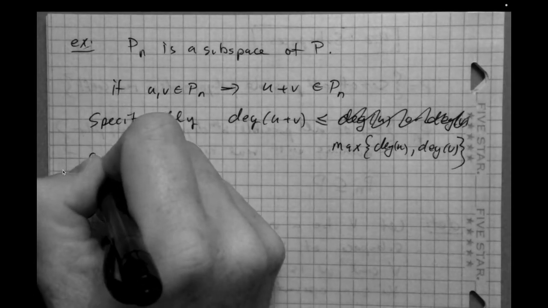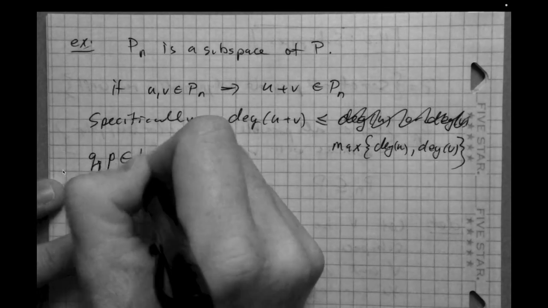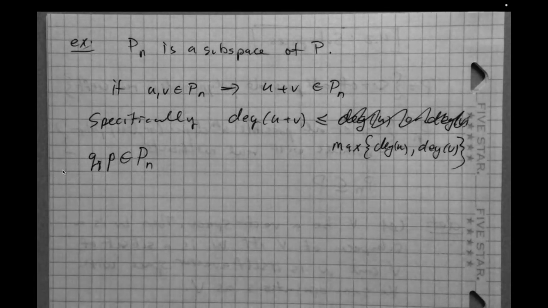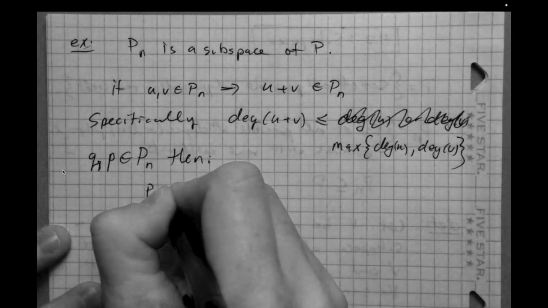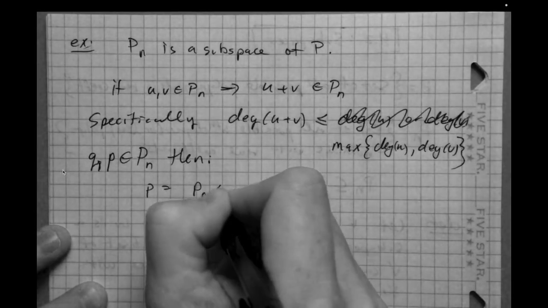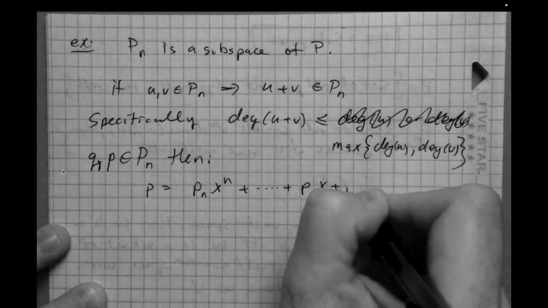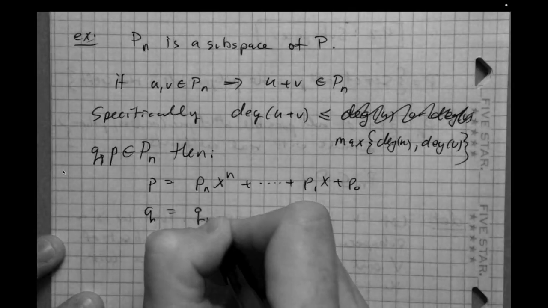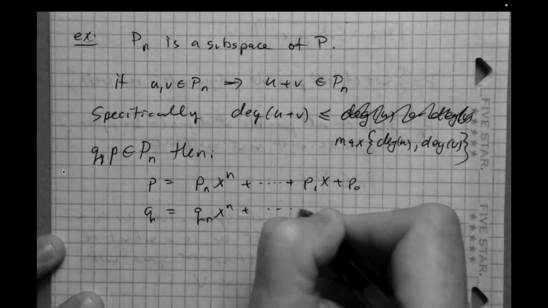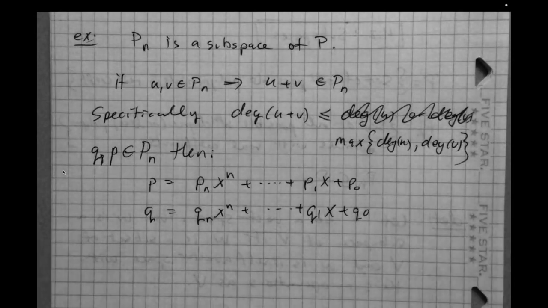Let's let Q and P be in Pn. Right, so then what does that mean? Well, P is going to have the form p_n x to the n plus ... plus p_1 x plus p_0. And Q will have the form q_n x to the n plus ... plus q_1 x plus q_0.